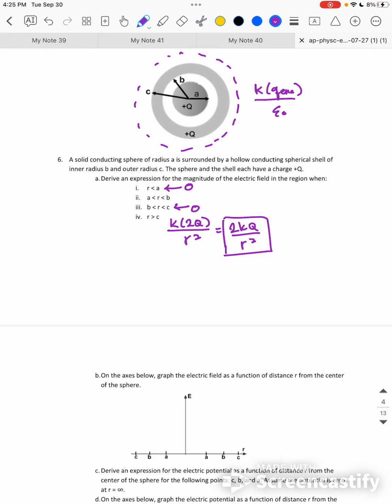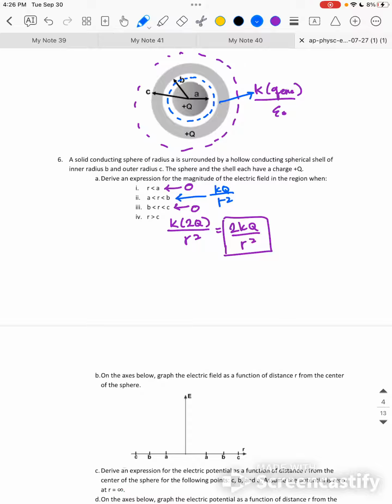And then when we identify the electric field of that one, we can still use the same equation, but we have only one positive Q enclosed rather than 2 positive Q's in the very outside. So in that scenario, we've got K positive Q over R squared.